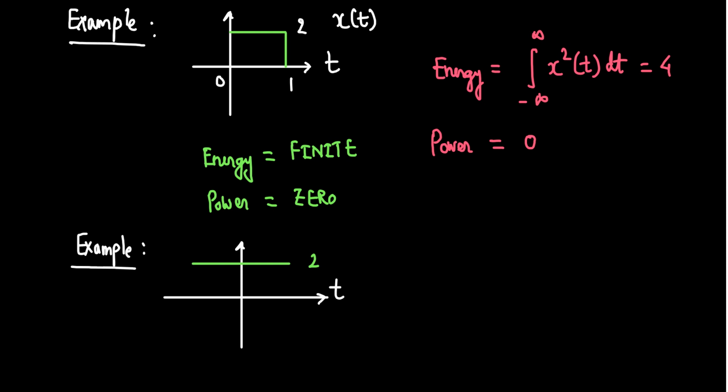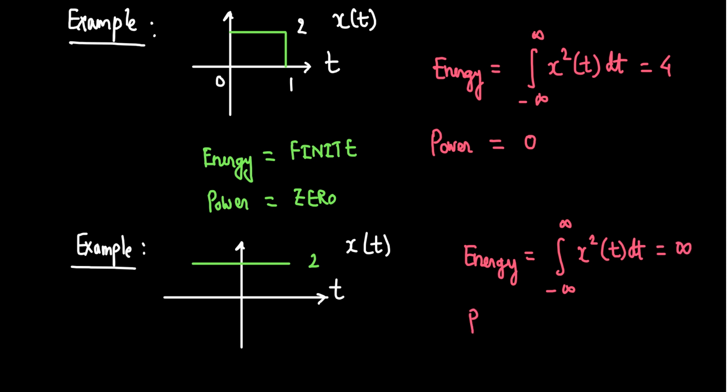So let this be x of t. If we try to calculate the energy and the power, so the energy here is defined as integration from minus infinity to infinity of x squared of t dt. This turns out to be infinite.